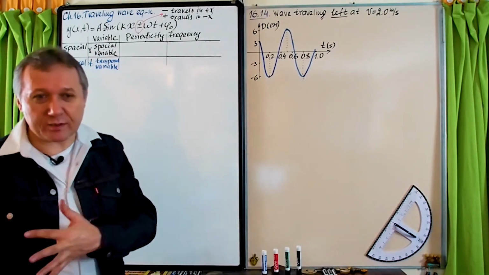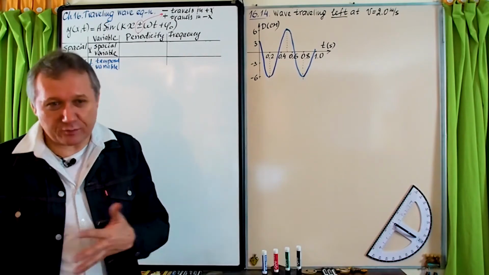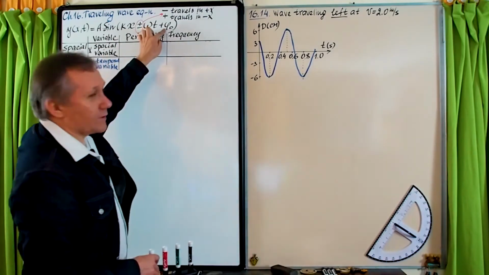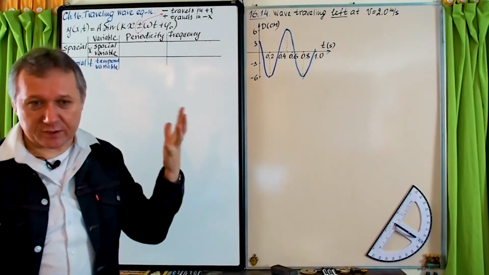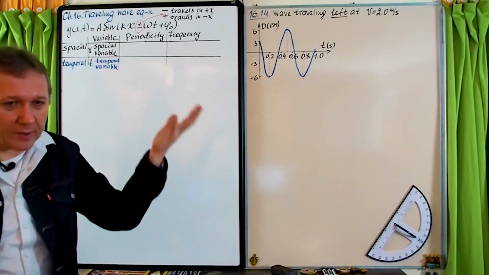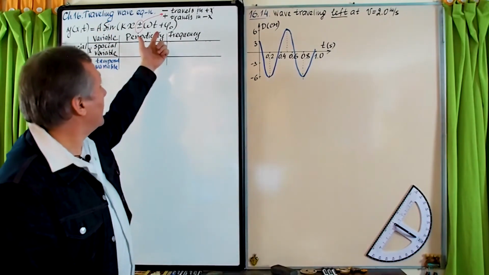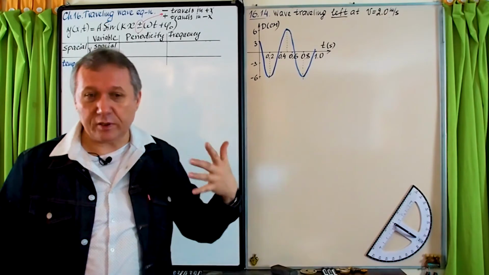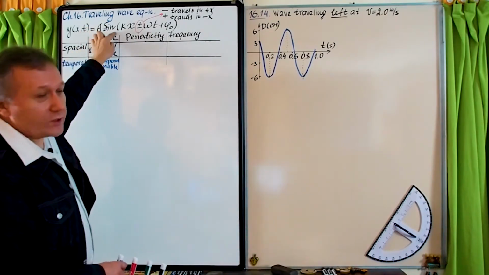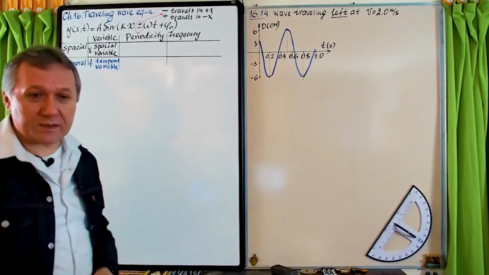You can get sine out of cosine or cosine out of sine. It's not a big deal, right? The differences are only in this initial phase. So if you see a cosine function, don't panic. It means that this constant will have a special value. Okay, so a periodic function means that this system is periodic.